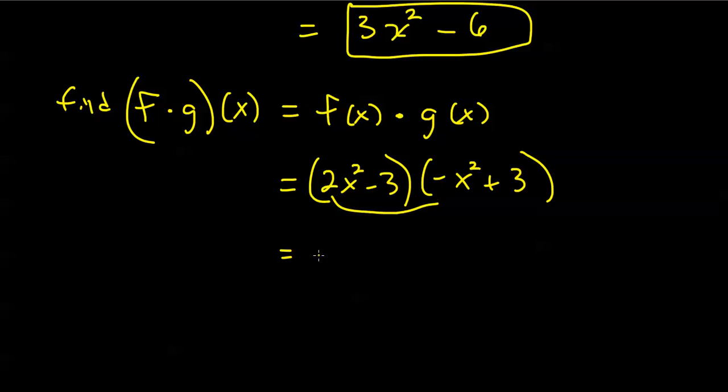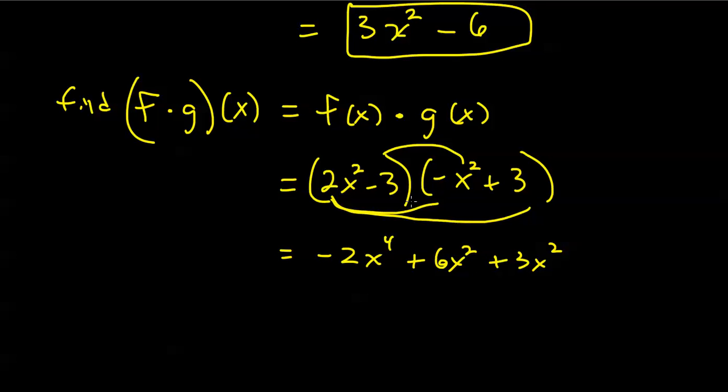First product is minus 2x to the 4th power. Outer product is going to be plus 6x squared. Inner product is going to be plus 3x squared. And of course, the last product is minus 9. The inner and outer products are like terms, so I can combine.